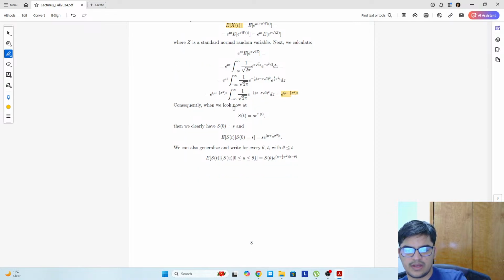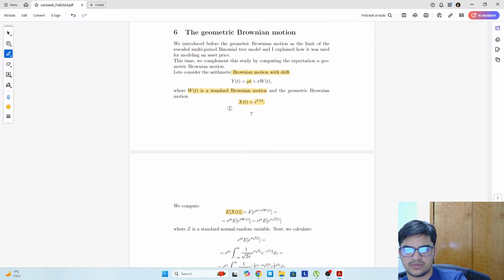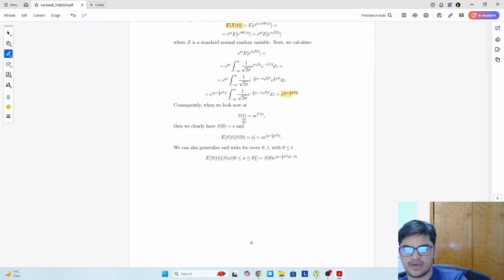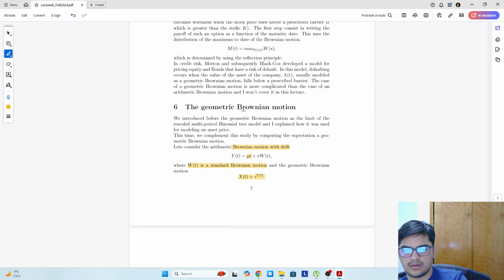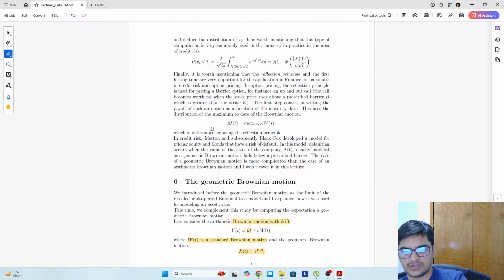Consequently, when we look at S_t equals S e raised to Y_t, so this was X_t where X_t was equal to e to the Y_t. Now we have S_t which is equal to S times e to the Y_t. Then we clearly have S naught equals S, like we had x naught in the arithmetic Brownian motion.